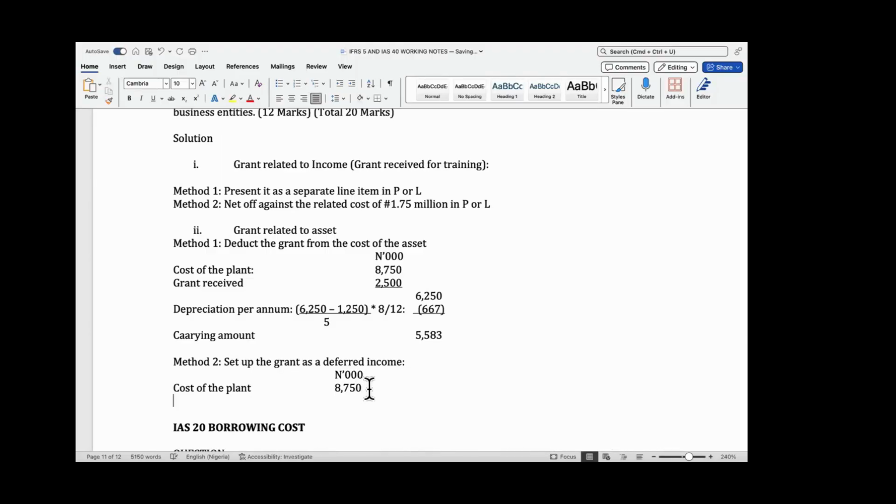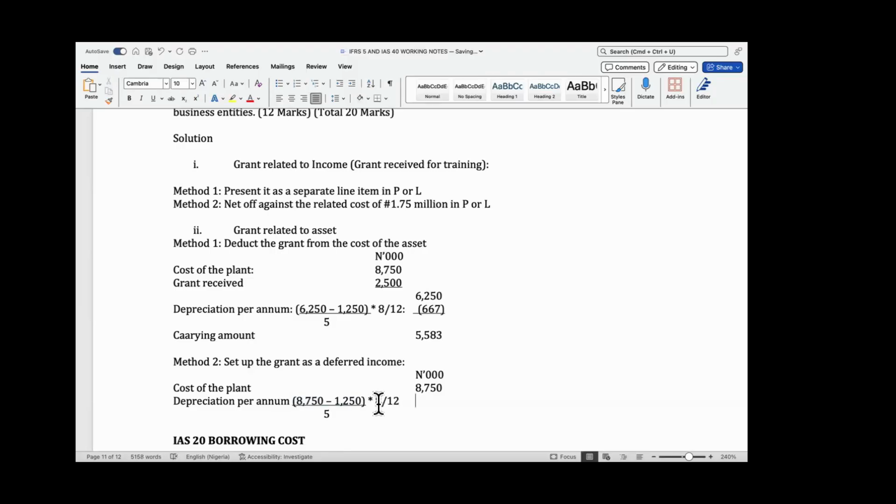But my depreciation becomes 8,750 minus 1,250, divided by 5, multiplied by 8/12.